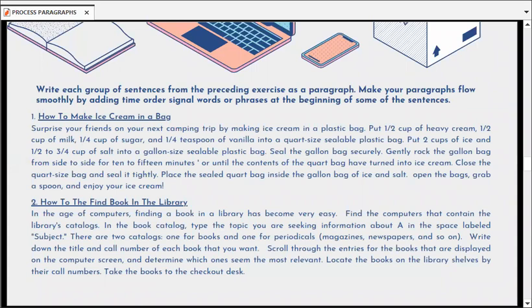In the terminal, decide which are the most relevant. Locate the book in the library shelves by its number, then take the book to the checkout desk.